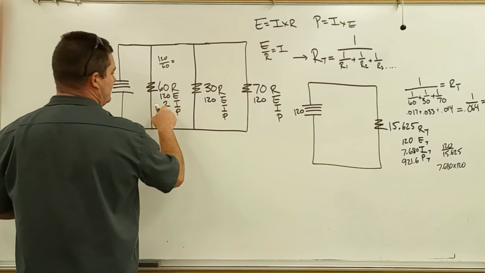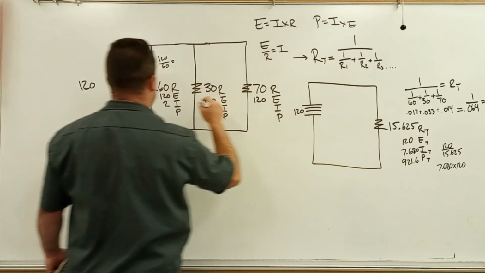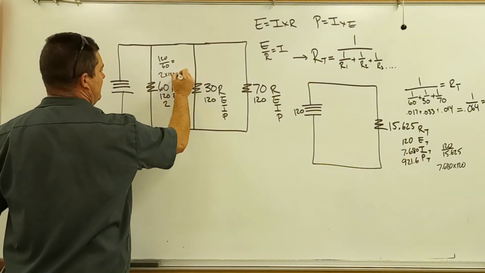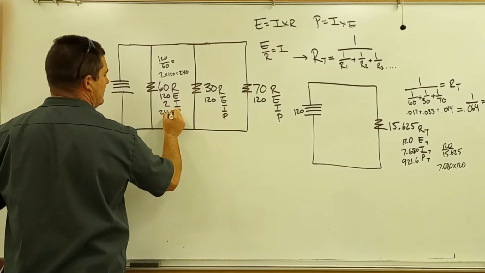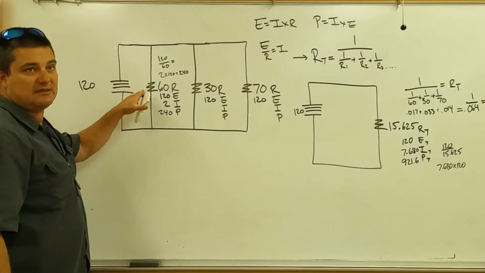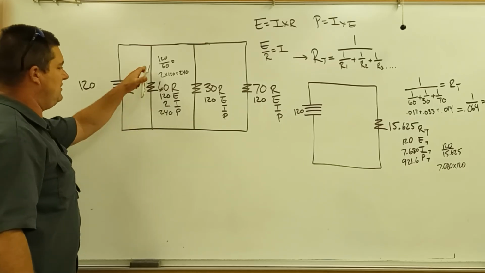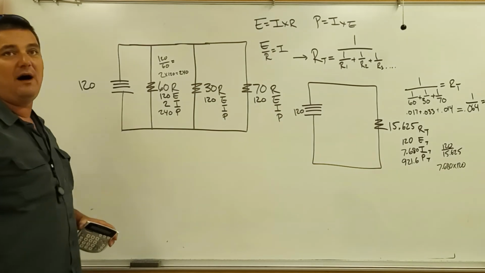So that one has 2 amps of current. P equals I times E. 2 times 120 equals 240. So we have 60 ohms of resistance, 120 volts at that resistor, 2 amps of current flowing through that branch, and 240 watts of energy.